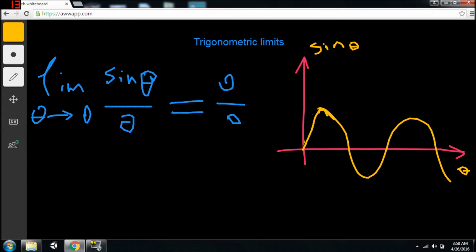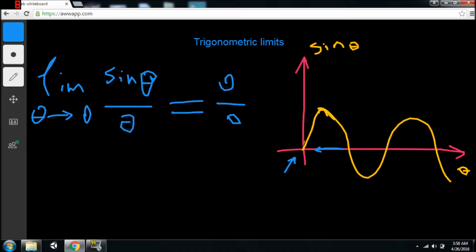What we are trying to do now is find the limit of sine theta over theta as theta approaches 0. So we are going this way, and we are trying to find it exactly right here. What we'll do is look at values that are very close to 0 but aren't exactly 0.